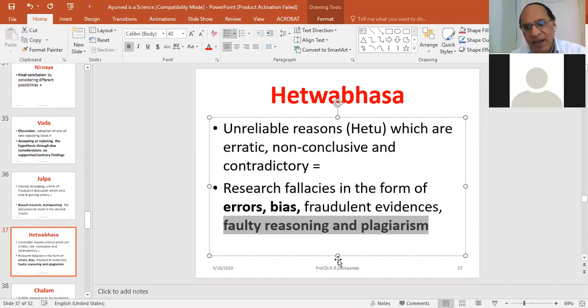So, my dear friends, I understand you may not feel it's a good lecture topic, but this is mandatory because this is expected of MD students who are doing Ayurvedic research. They must understand what is mentioned in Samhita, classical research. Hetwabhas is faulty reasoning and plagiarism.